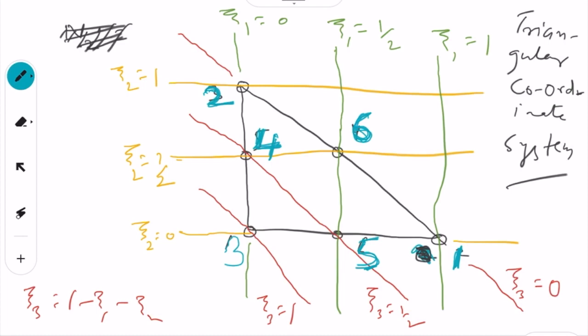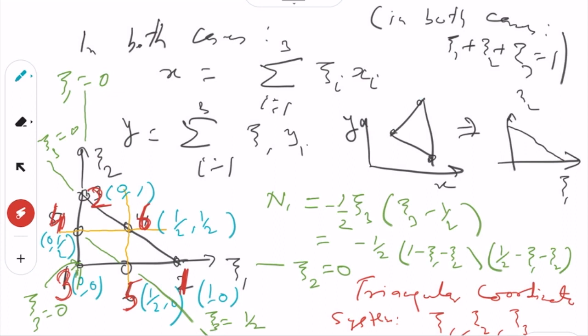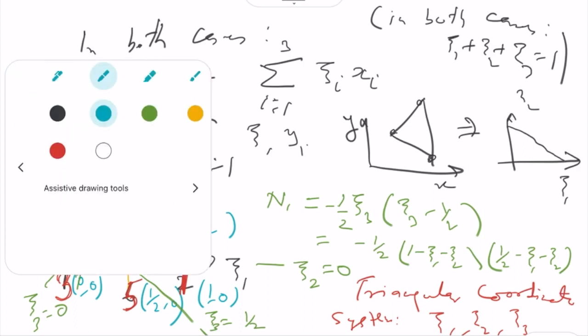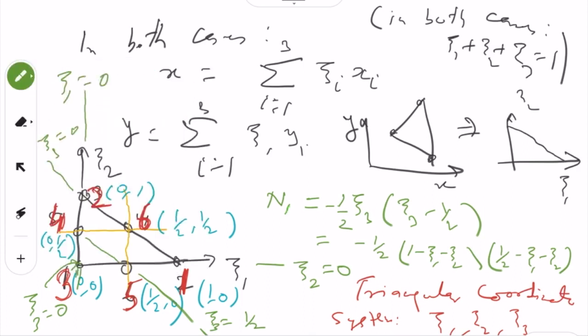Okay, so let's see. I think we might have made a mistake here. So n1, actually what we have found out is n3 rather than n1. So this is true for n3. So this value, I will say this is equal to n3. So this was true for this point. So you can see now n3 is... okay.